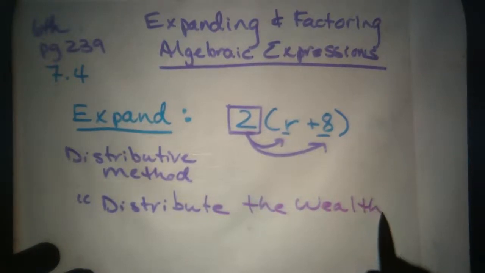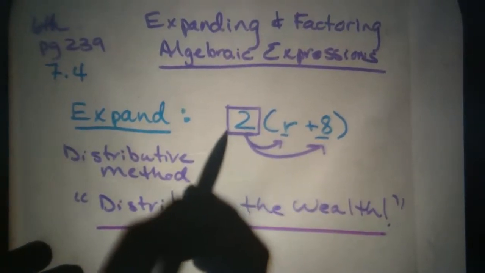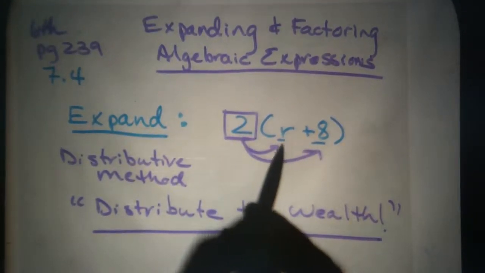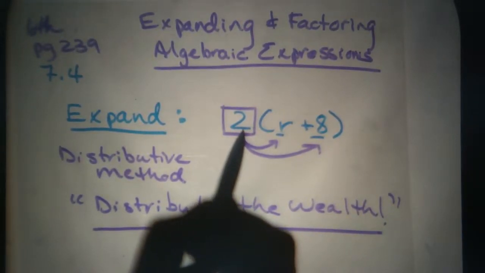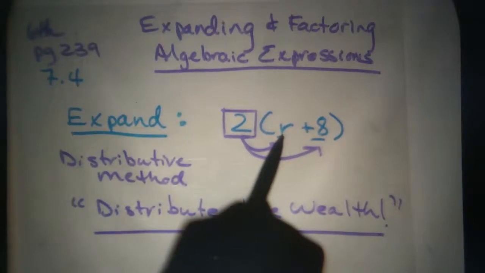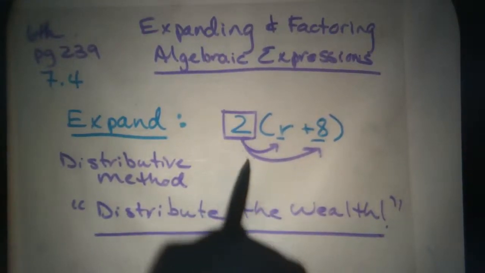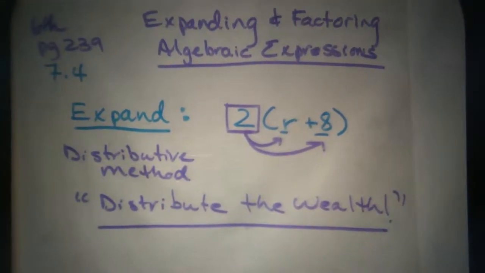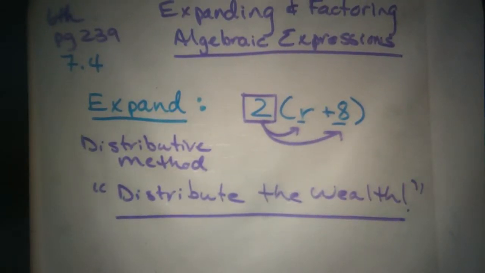Why do I say distribute the wealth? Because you're distributing the wealth of that number on the outside of the parentheses to every term inside the parentheses. So you're distributing the wealth, in this case, of the 2 with the R inside the parentheses. You're distributing the wealth of the 2 with the 8 inside the parentheses. So it's spreading itself with everything inside the parentheses.